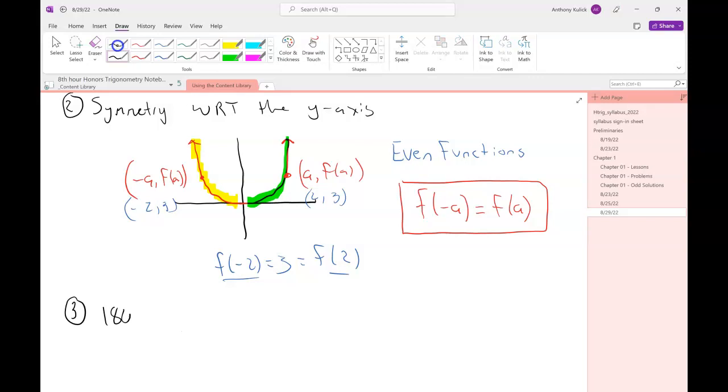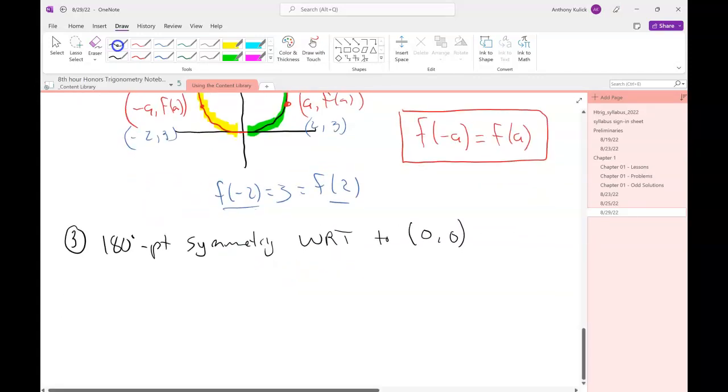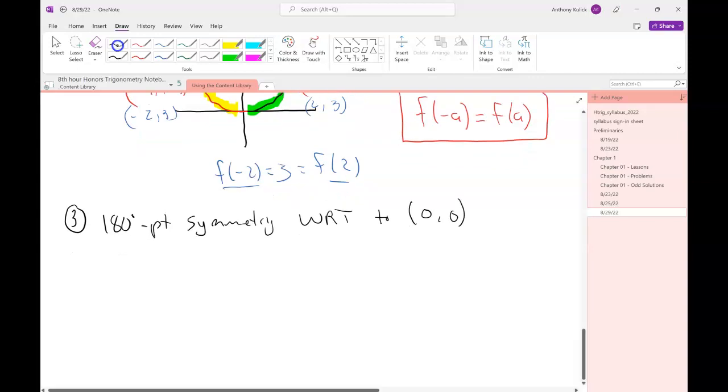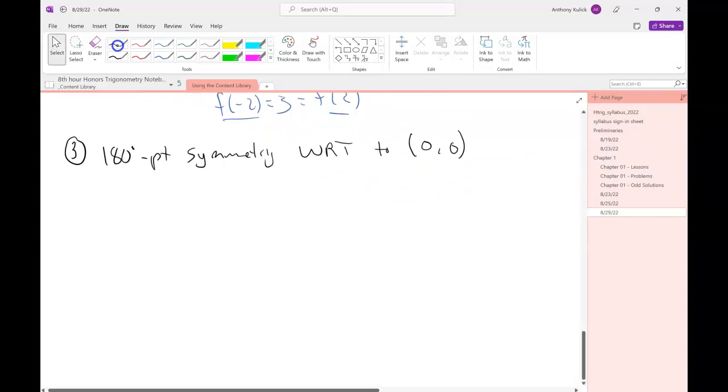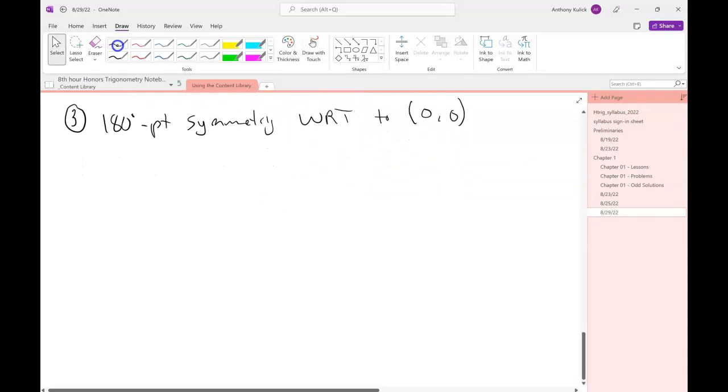We call it 180-degree point symmetry with respect to the origin. But that's equivalent to saying symmetry with respect to the line y equals x. Same difference. Good on you guys for remembering that, though.